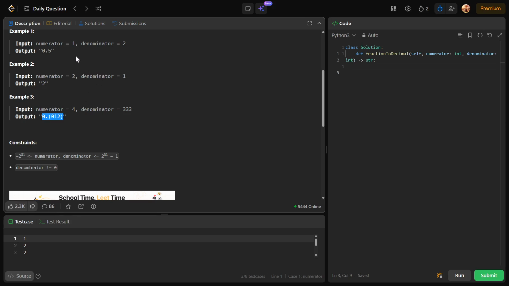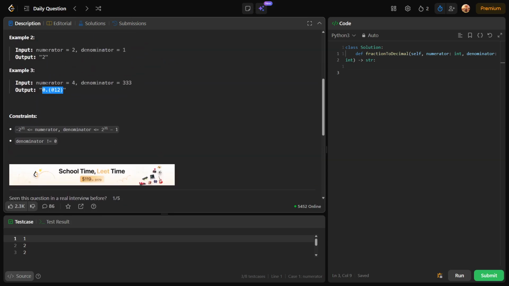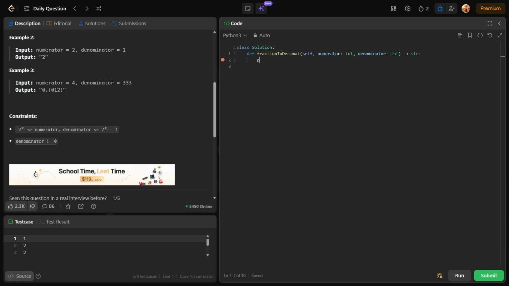So is there a bracket? What's 4 divided by, wait, what the? Let's just, 4 divided by, let's call this numerator, denominator.